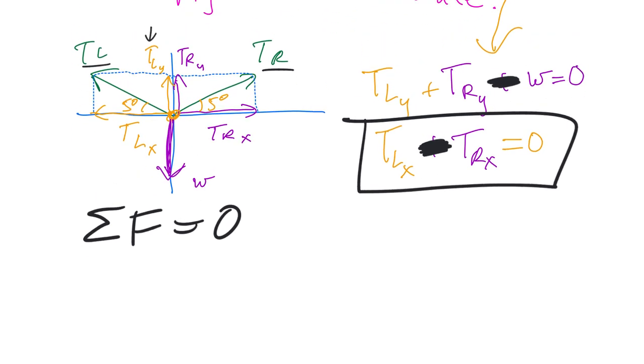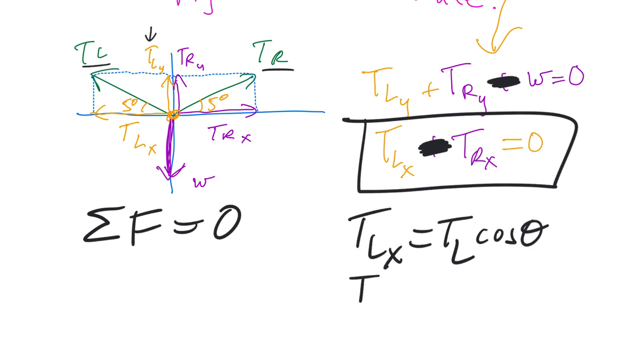Okay, so I can also say the x component, if you wanted to find it, would be TL times cosine of theta. And TRX would be the tension in the right half of the cord times cosine of theta.